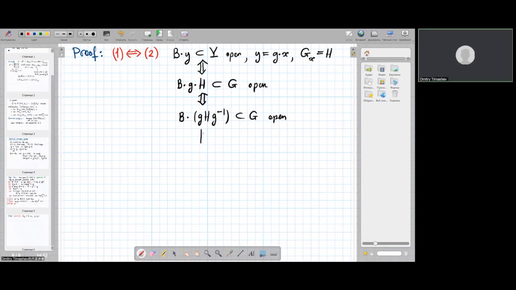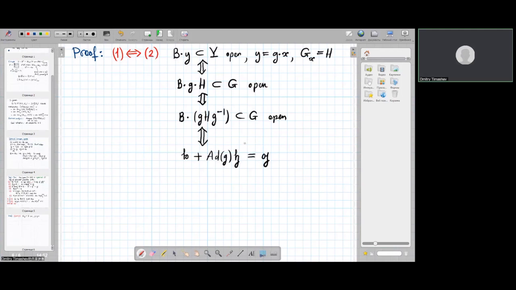So this is if and only if the Lie algebra of B plus the Lie algebra of this subgroup in brackets, this conjugate Lie subalgebra, the sum of these two Lie subalgebras equals the Lie algebra of G.